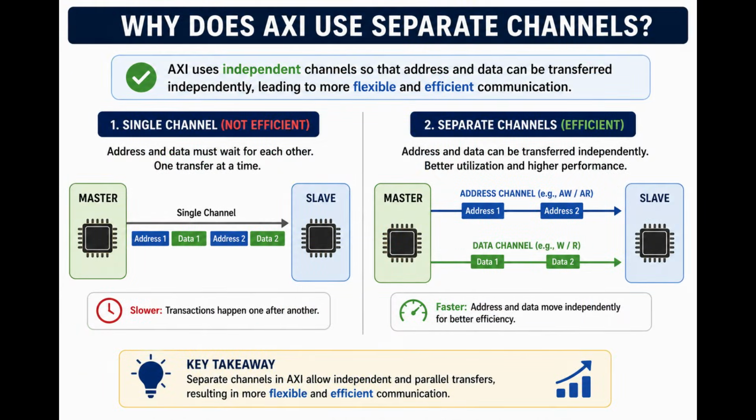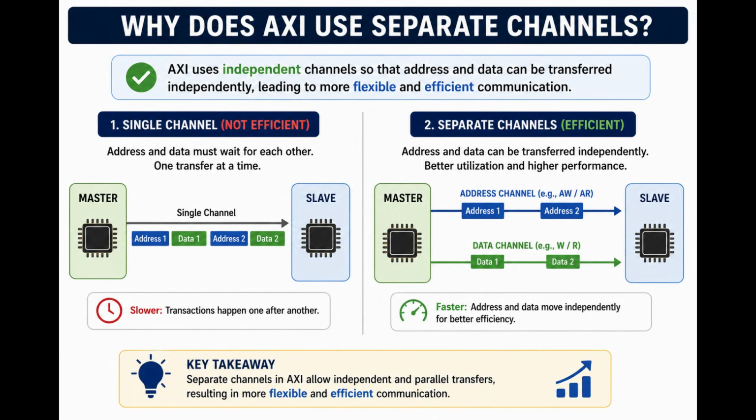You might be wondering, why does AXI use separate channels instead of sending everything through a single channel? The important point is that these channels operate independently. For example, during a write transaction, the master can send the write address first and then the write data later.